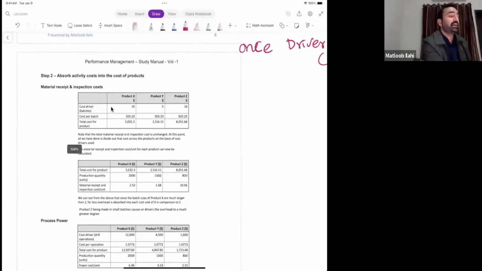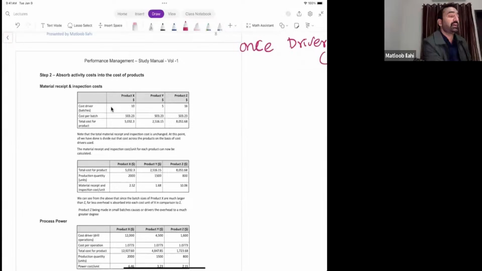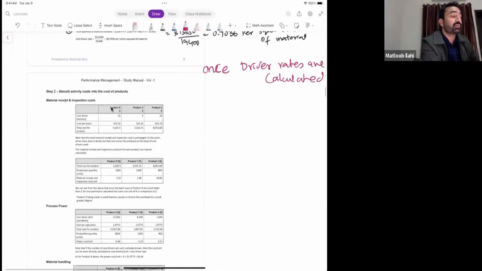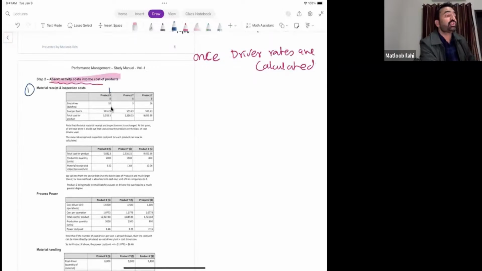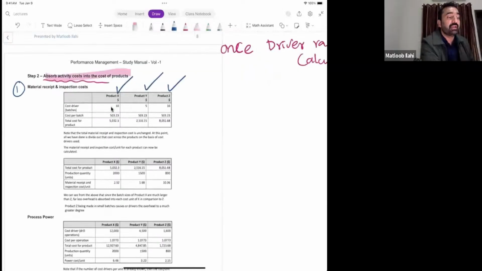Okay, so next step, products. First of all, our first activity, number one. Here is product X, product Y, product Z. And our first activity is material receipt and inspection. So the cost driver is 10 batches for X, 5 batches for Y, and 16 batches for Z. It's given.